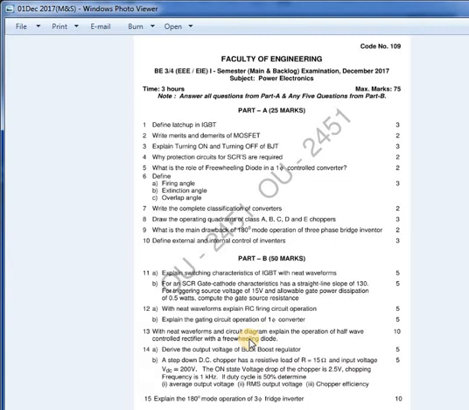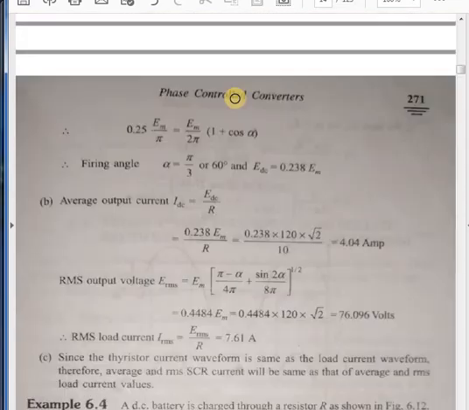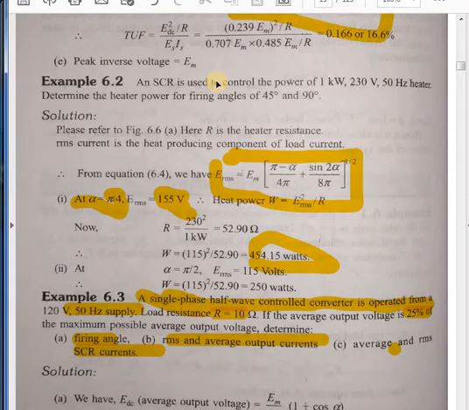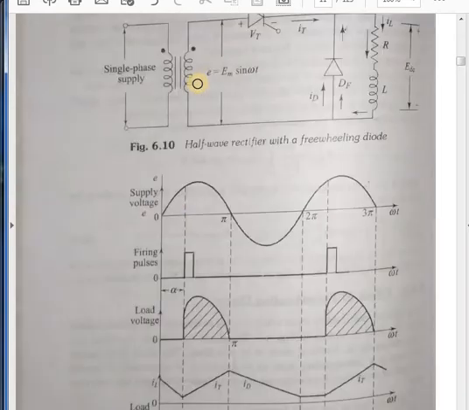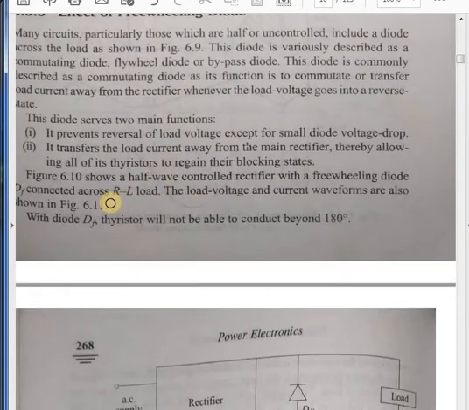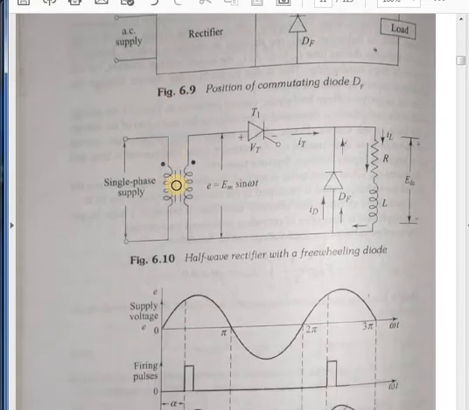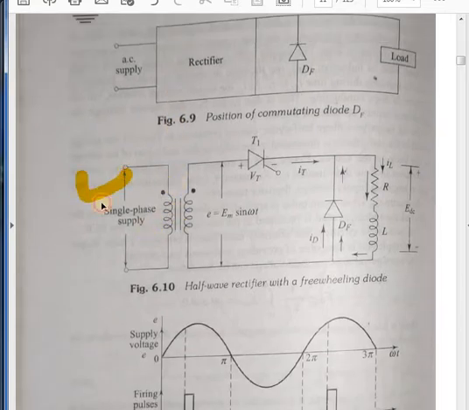That means it will be an RL load with freewheeling diode. In this question you have to describe the operation, the effect of the freewheeling diode, operation with RL load, the load current and the load voltages. You have to explain it with these waveforms.